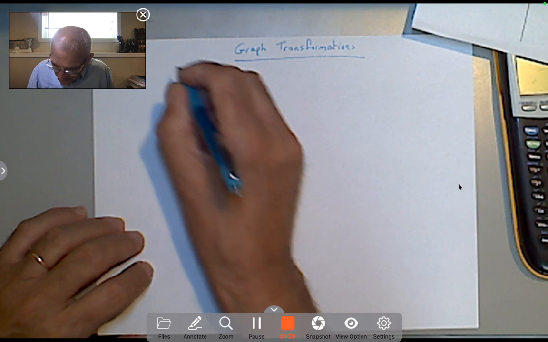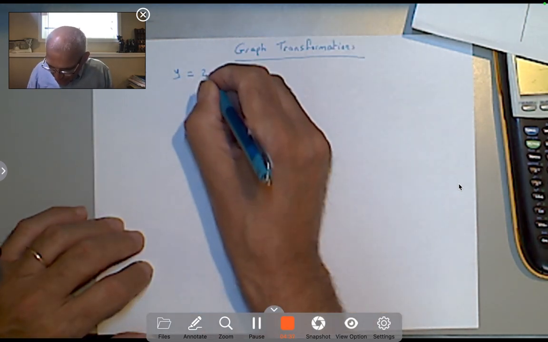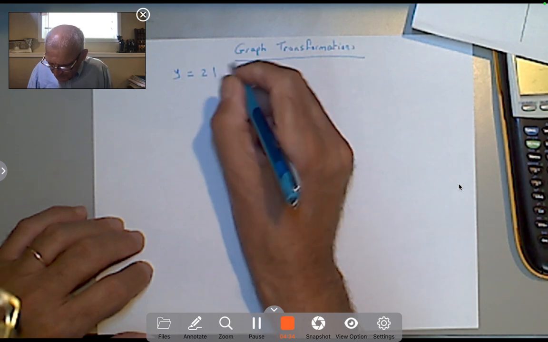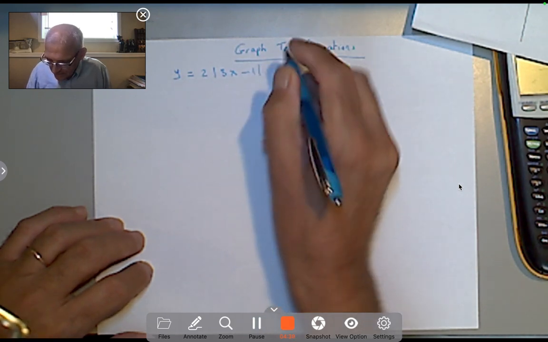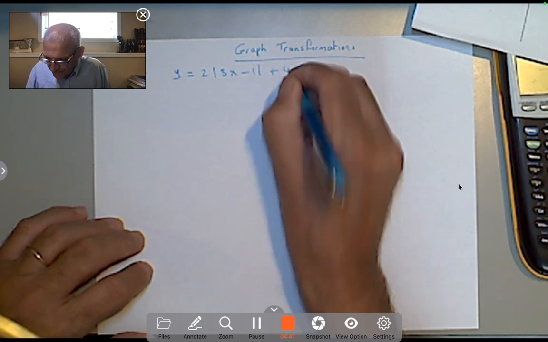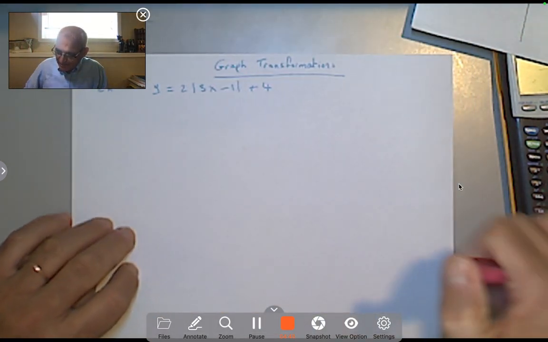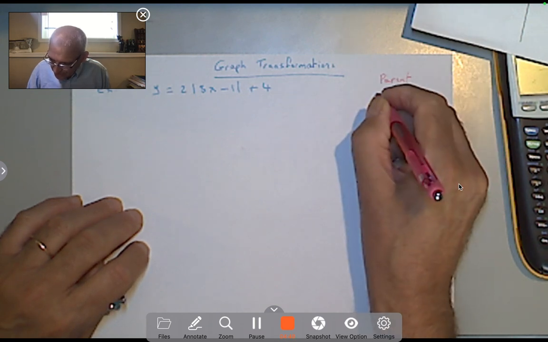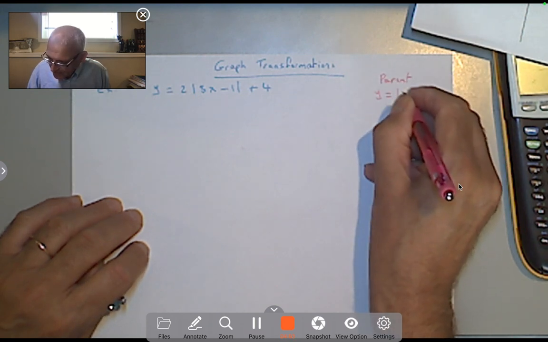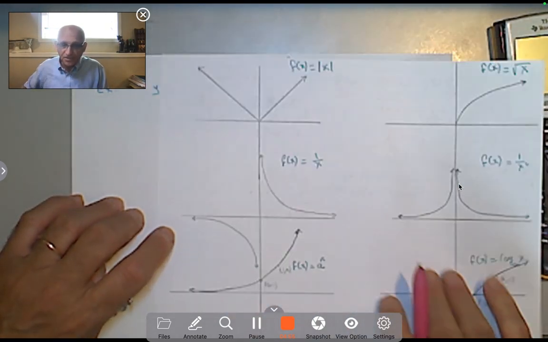Let's say y equals 2 absolute value of 3x minus 1 plus 4. So we know for sure that the parent function here is what we already drew, f of x or y equals absolute value of x. So this is the parent function.